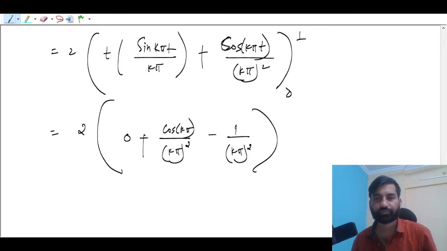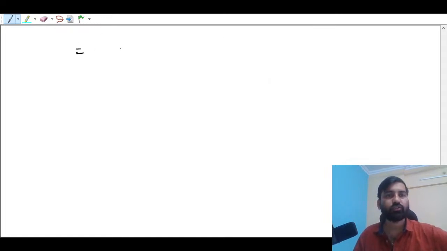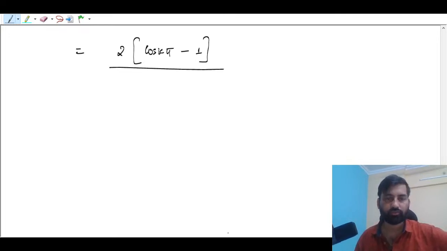Okay, so I think this is clear for you, right? So let us simplify it further, so we can write this as 2 times of cosine k pi minus 1 upon k square pi square, right?